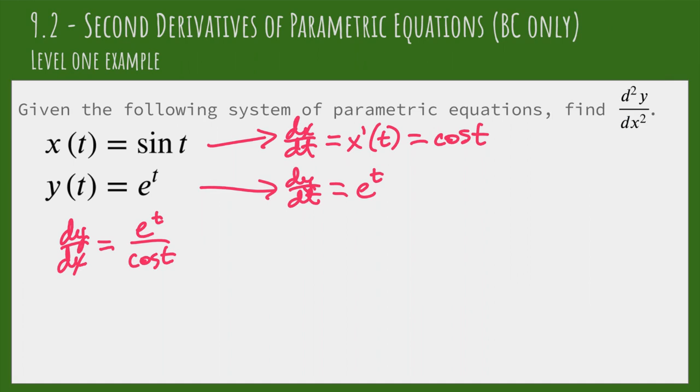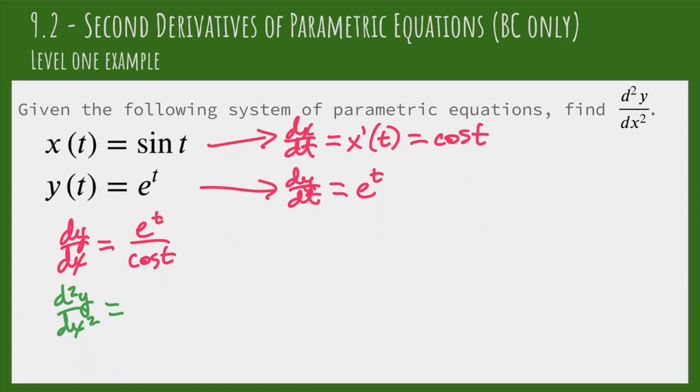So to do that, let's first get the notation right. We are going to have to take the derivative of this expression with respect to t. But I'm keeping in mind that we're actually taking the derivative with respect to x, and that t is going to be treated as an inner function with the chain rule, and we're going to have to account for that at the end.